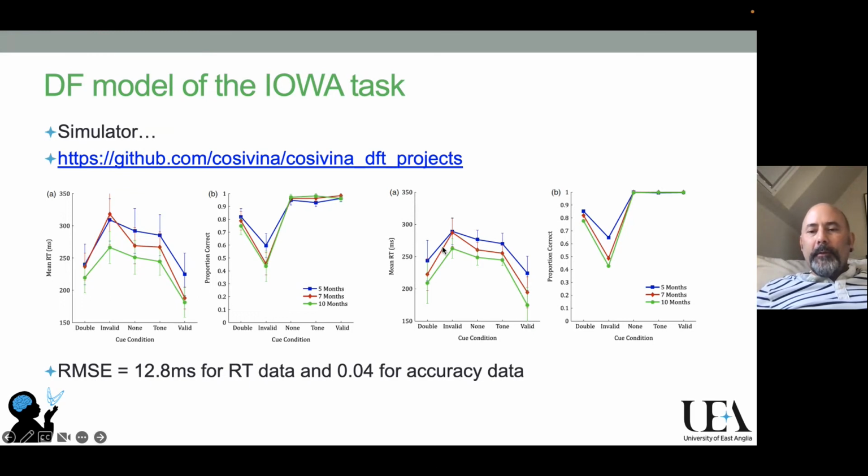So that means that these reaction time values are on average within 12 milliseconds of the empirically observed reaction times. And in terms of the accuracy data, the root mean squared error was 0.04, meaning the simulated accuracy data is within 4% of the empirical observations.